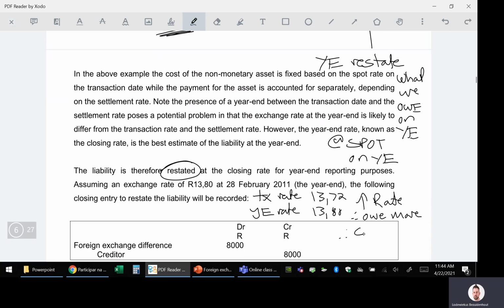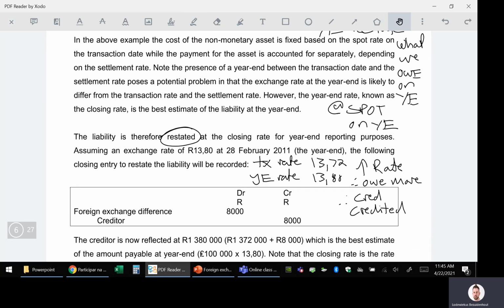So that means we will owe more. So that implies the creditor should be credited on year end when we restate it. So the difference is 8,000. So we credit the creditor with 8 and we debit the foreign exchange loss with 8.